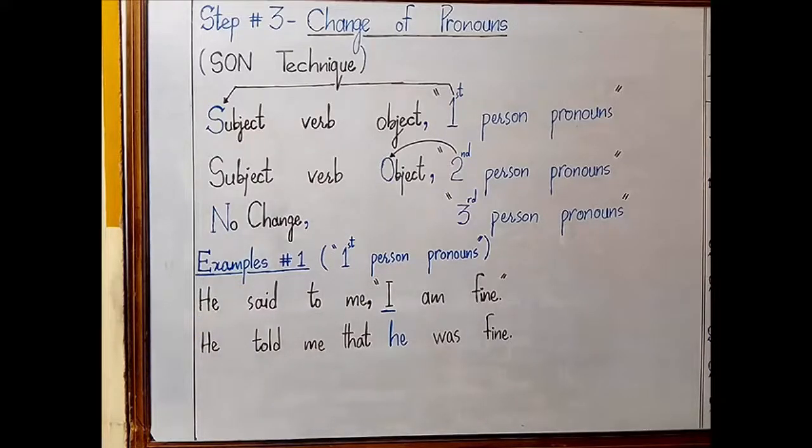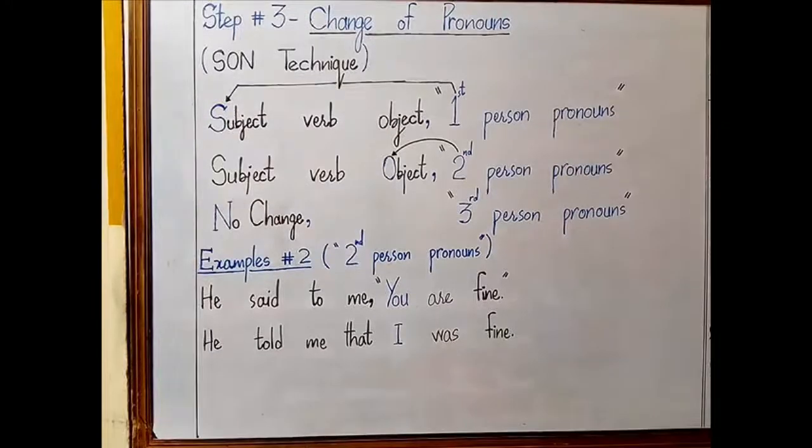I will give you another example. This is example number 2 for second person pronouns. He said to me, you are fine. As you remember, we make changes in indirect speech in the reported speech.